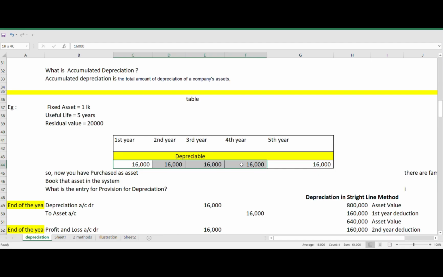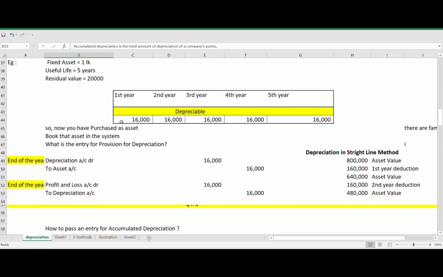Fourth year, 64,000. And the fifth year, the total accumulated depreciation is 80,000. So accumulated depreciation means the depreciation is getting accumulated in this particular account, which is a contra asset. I'll explain this to you later.